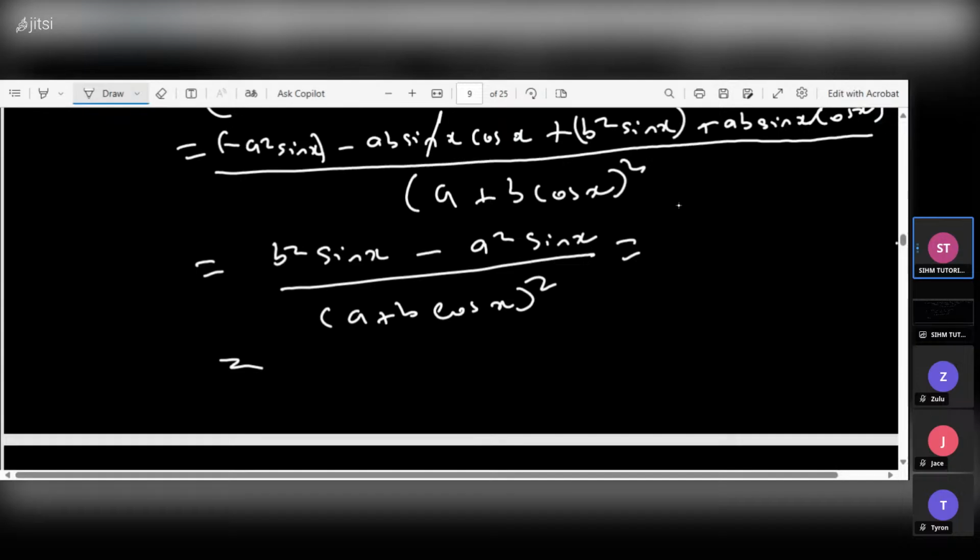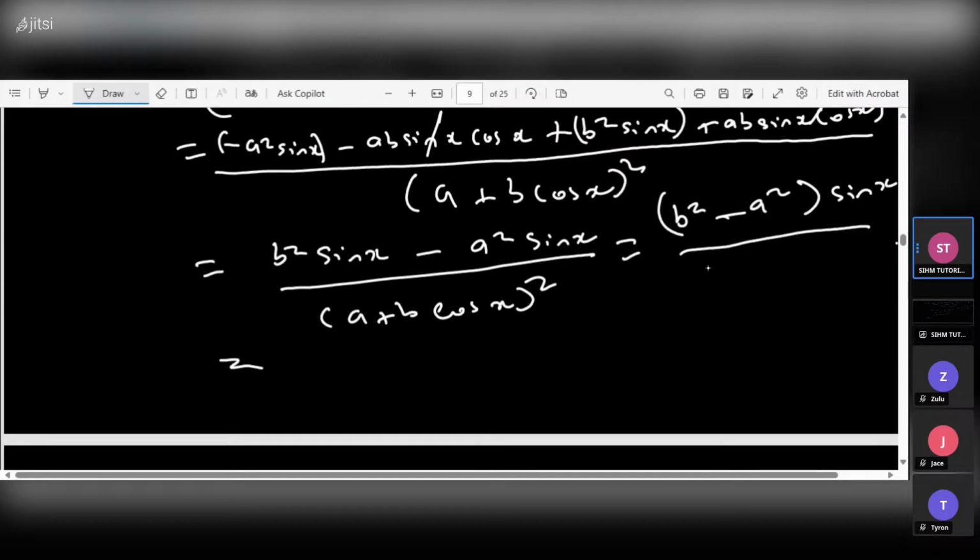So I'm just going to write b squared minus a squared times sine x. You just need to simplify that, and then at the bottom you have a plus b cos x, and then all squared.